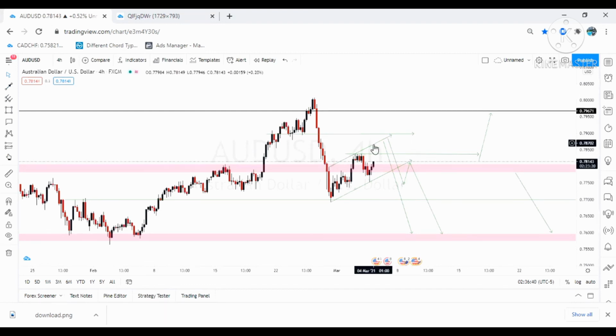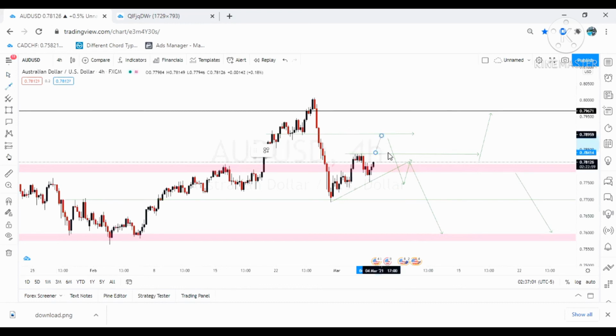Let me remove this because I said I don't trust trend lines. But then if we do retest this, so let me delete this. If we do, let's say I get this.